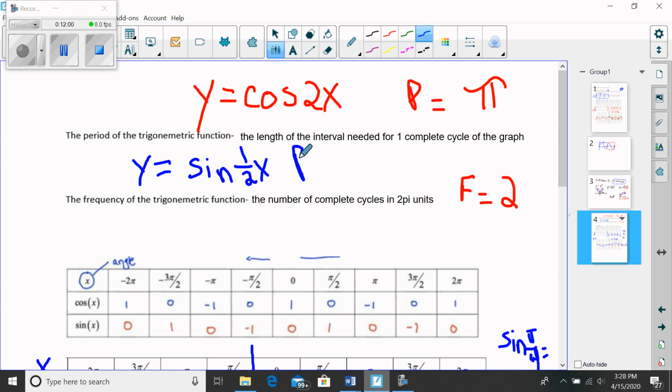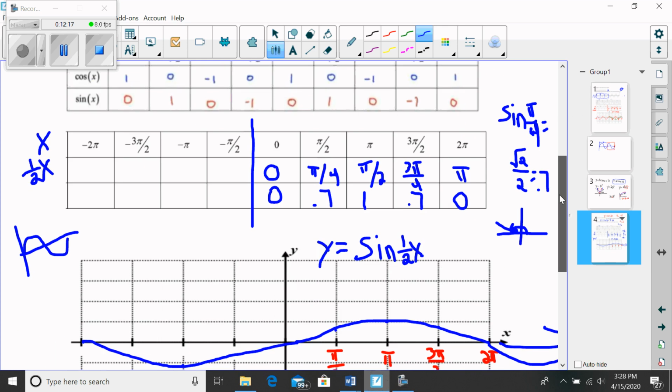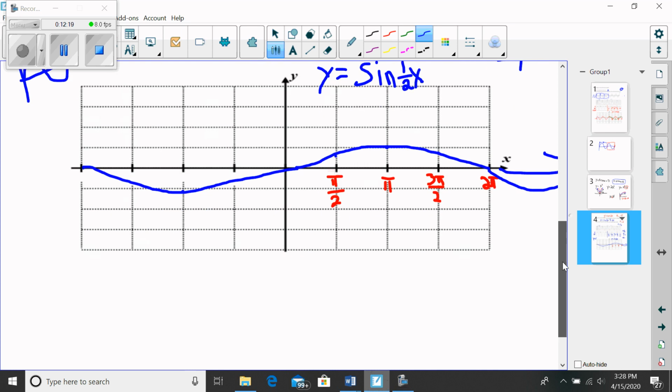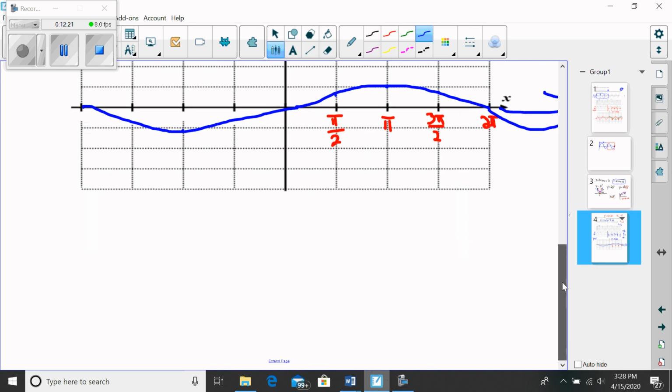All right, so the period here would be 4 pi. And the frequency for this graph is a half. I only got a half of a cycle from 0 to 2 pi. So I'm going to let Kirk do some of the other explaining of this with you.